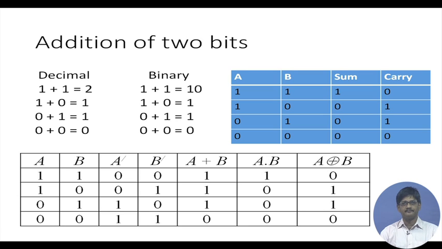For example, carry is very much there, A and B. So, whenever you are adding 2 bits, bit means binary digit, carry is represented by A and B. And what is sum represented by? Sum is represented by A XOR B. So, if I build a particular circuit where I am simply employing A and B for obtaining carry and A XOR B for obtaining sum, my job is done.